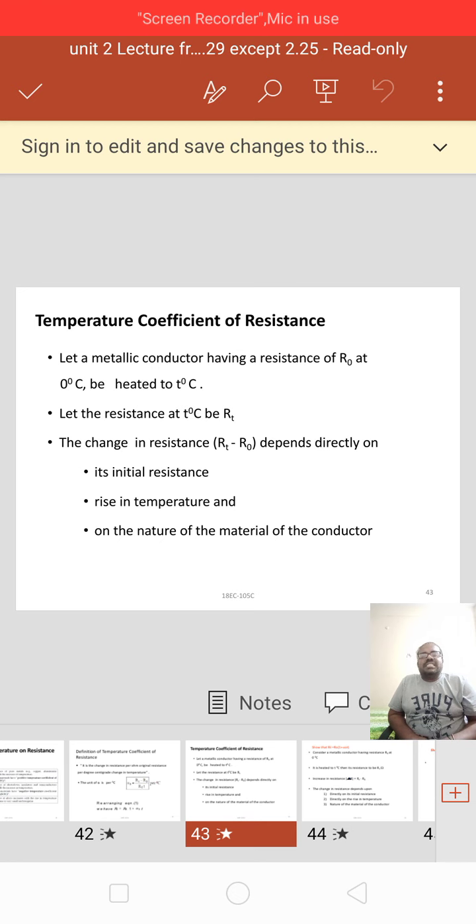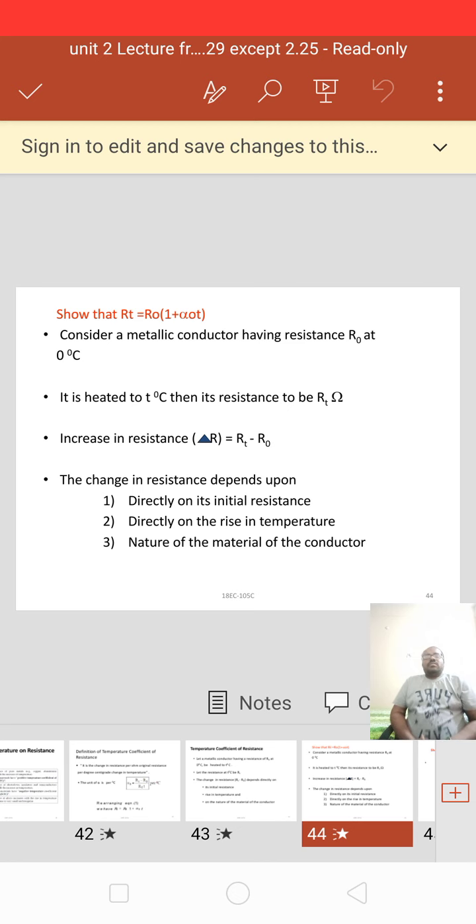The change in resistance, RT minus R naught, depends directly on first, its initial resistance, second, rise in temperature, and third, the nature of the material of the conductor.